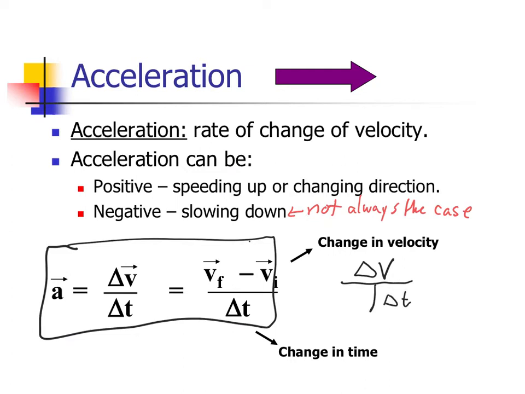Sometimes that is written a little bit differently in a circle equation, with v sub f, the final velocity, minus the initial velocity.